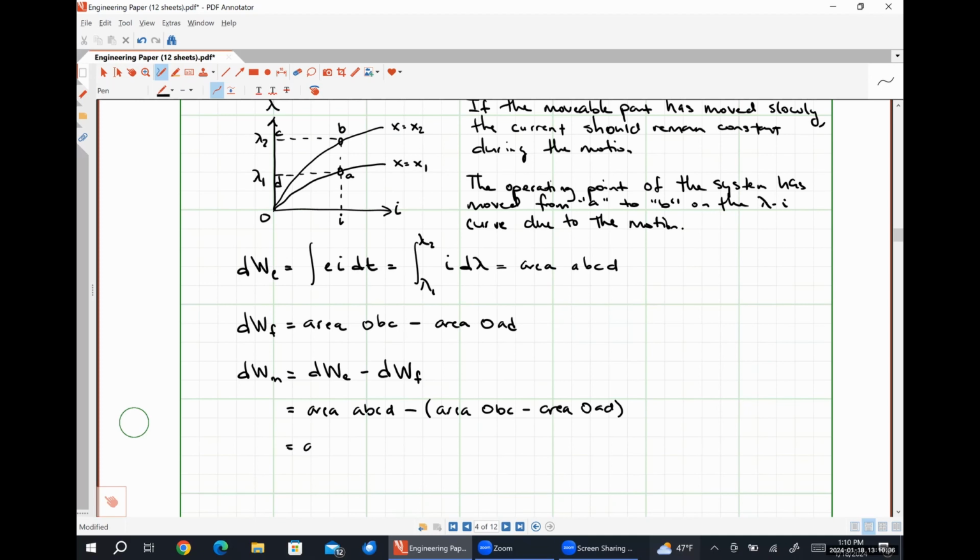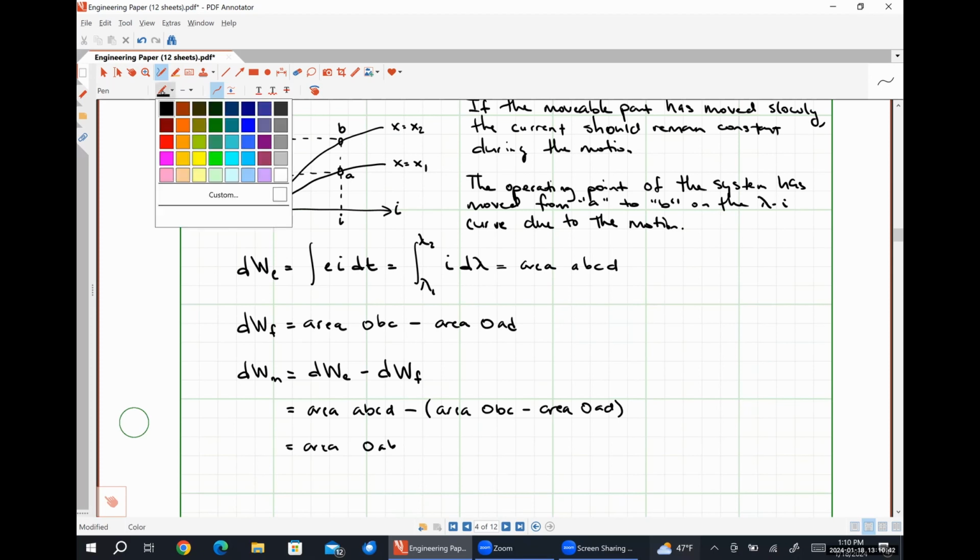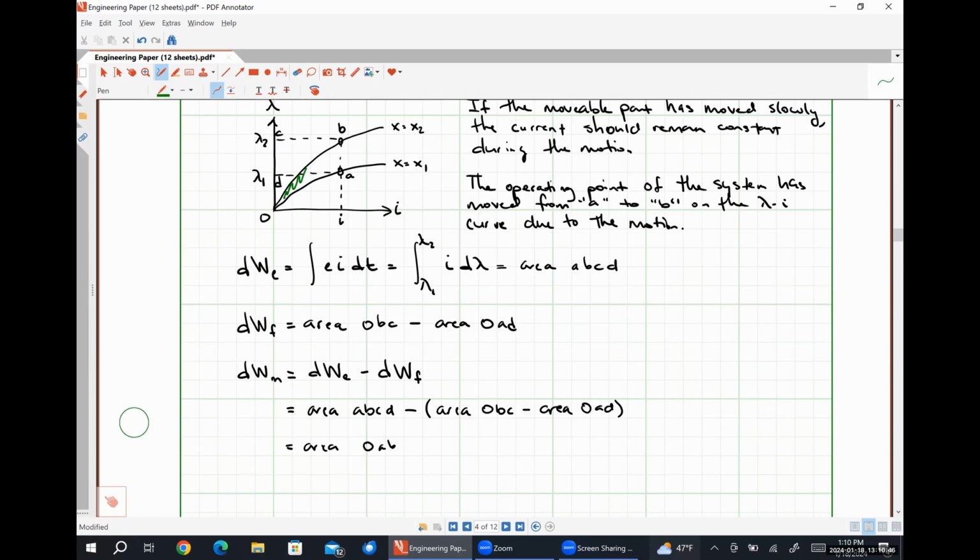And this is the area from the origin to AB. So I'm going to color that in here. This is our mechanical energy, the area that's bounded by those two lines, okay?